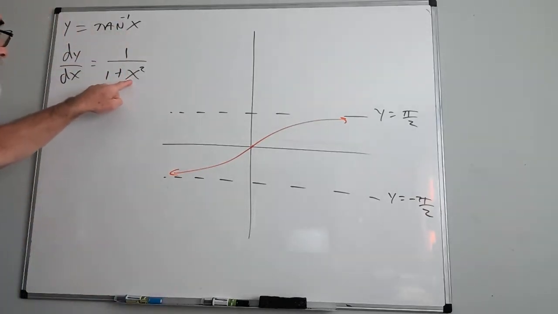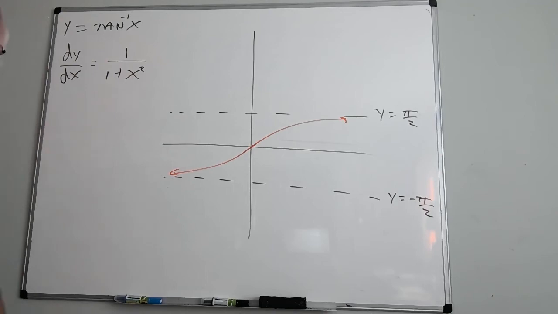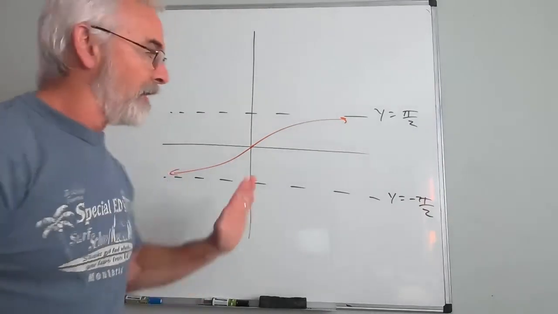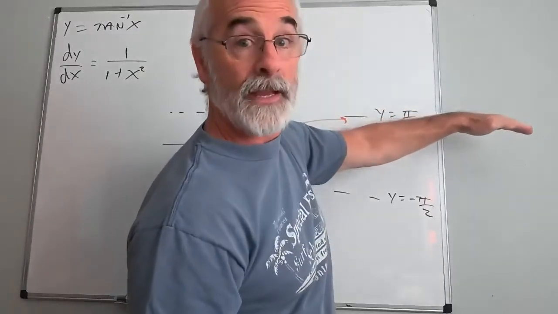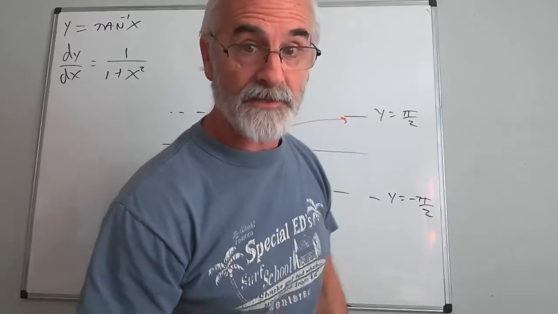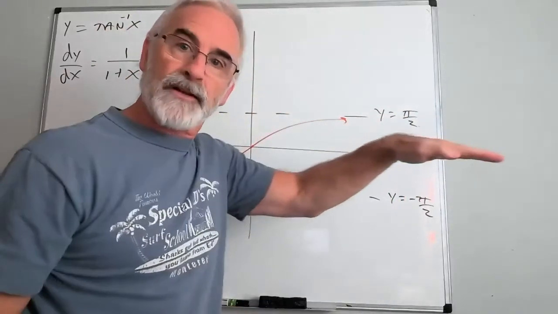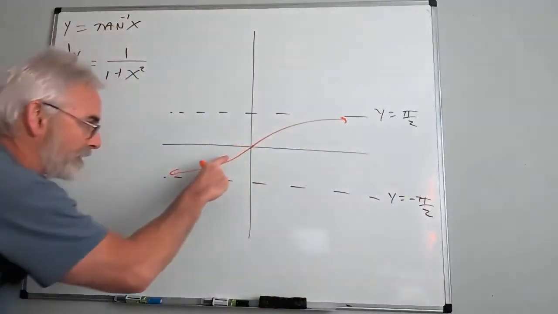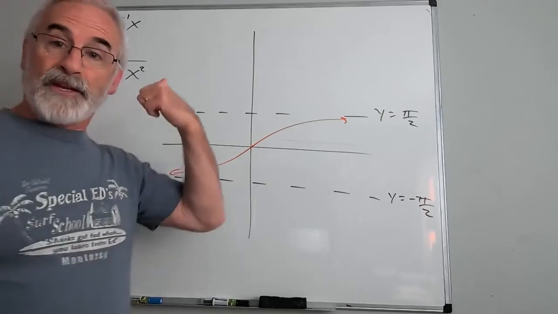As x gets bigger and bigger, this quantity is getting smaller and smaller, approaching 0. I'm approaching a horizontal tangent. The slope of a horizontal tangent would in fact be 0. So as x gets bigger, my tangent lines are getting flatter and flatter, by the way, in both directions. So that makes perfect sense.